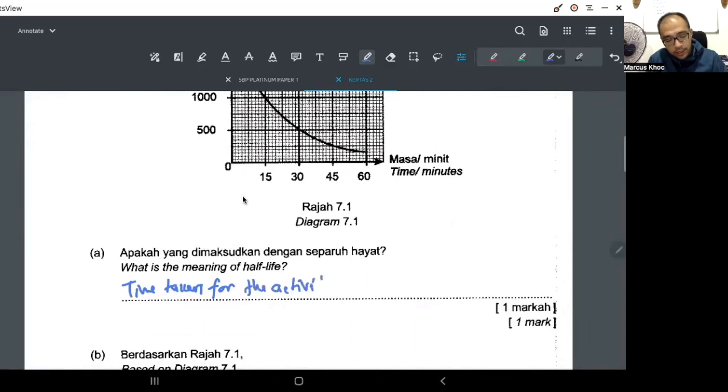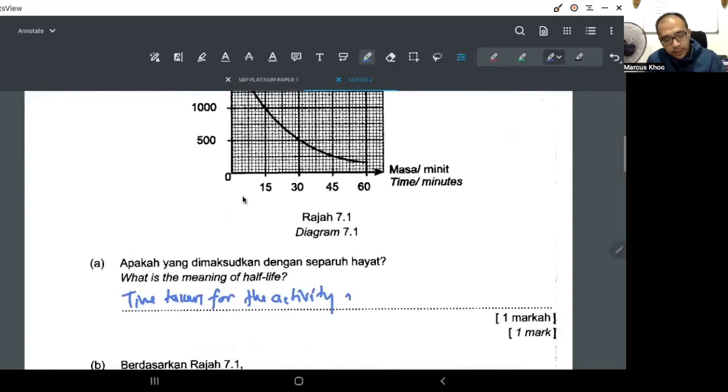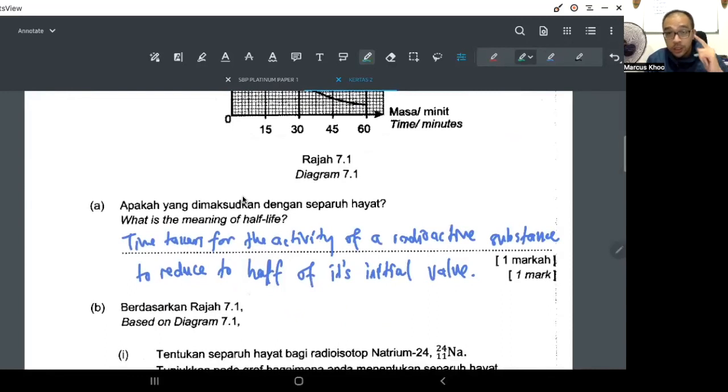I like the word activity better because we're using activity. So, time taken for the activity of a radioactive substance to reduce to half of its initial value.